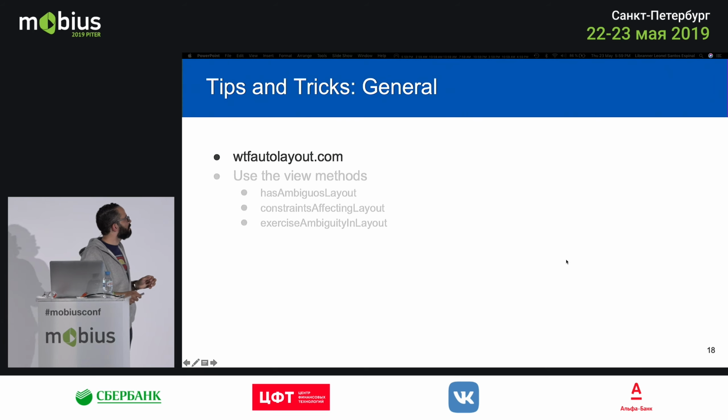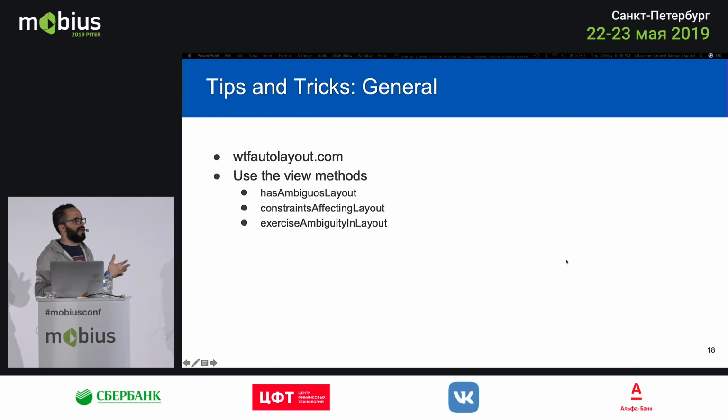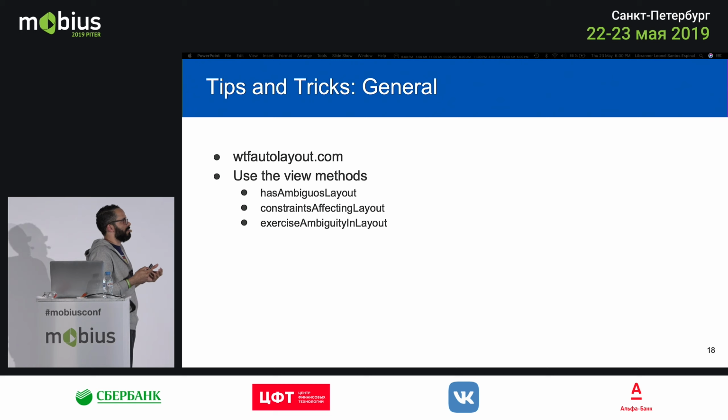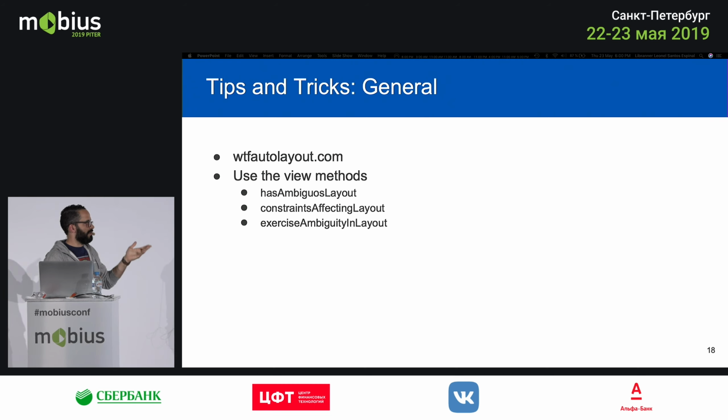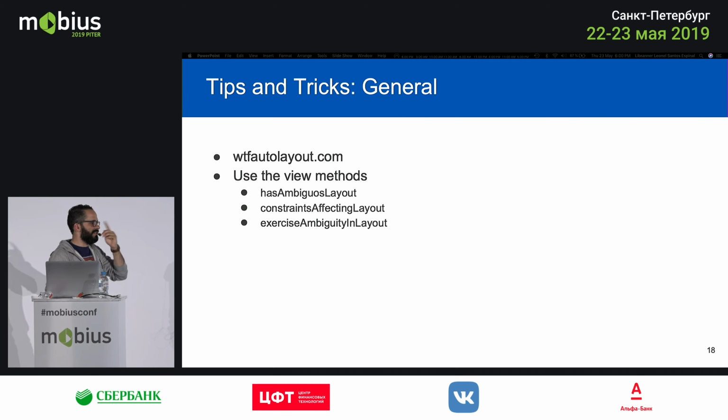So, another thing is, apart from auto layout traits, there is another set of methods you can use while working with auto layout, which is has ambiguous layout. It returns true if there is something wrong with your UIView. Also, there is constraints affecting layout. This method receives a parameter, which is the axis.